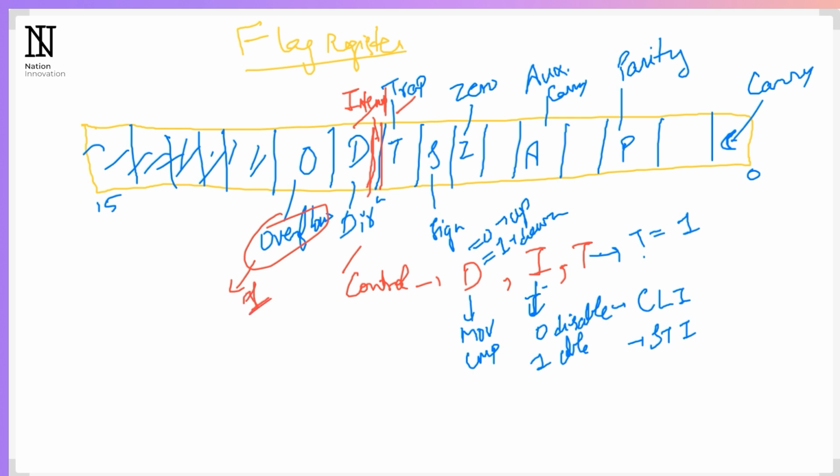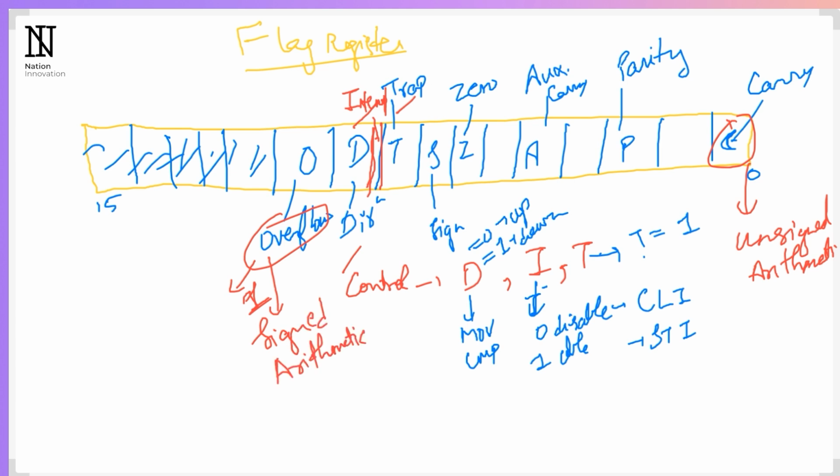The carry flag is set when the result of an unsigned arithmetic operation is too large to fit in the destination register. So carry is for unsigned arithmetic operations, and overflow occurs for signed arithmetic operations. This is important.